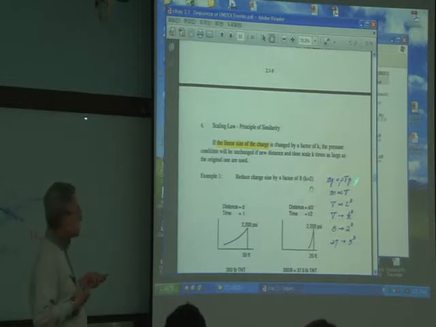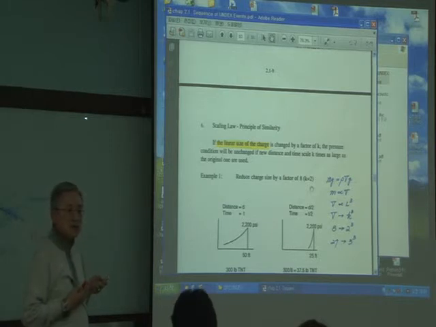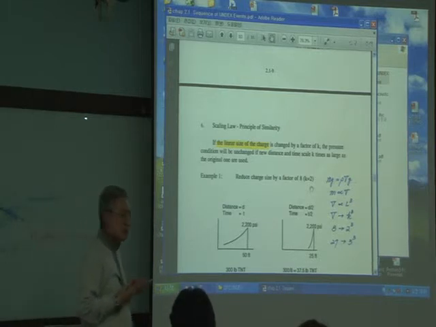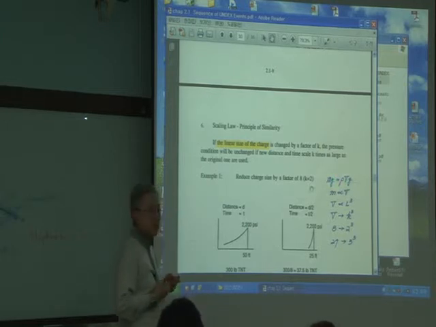To understand the linear size of the charge, look at mg. What is mg? It is the weight of the charge. Weight is mass times g. Mass is rho times V, where V is volume. And g is invariant.